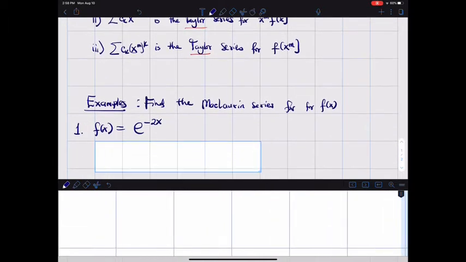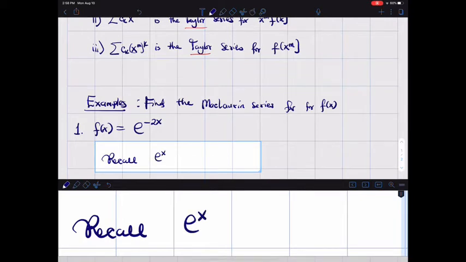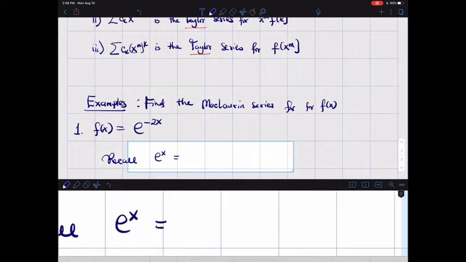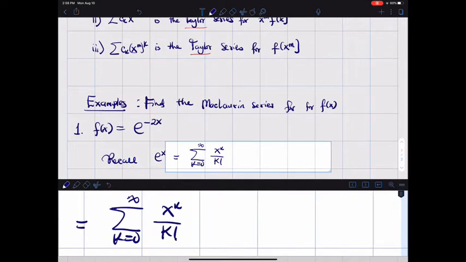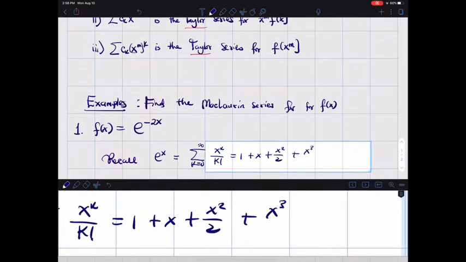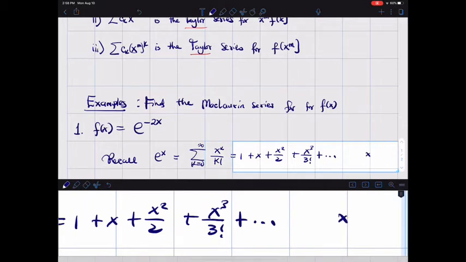To do this, we just have to recall that the Maclaurin series for e^x is the summation from k equals 0 to infinity of x^k over k factorial, which is 1 plus x plus x squared over 2 plus x cubed over 3 factorial, etc. We did this in class, and this converges for every x, negative infinity to infinity.